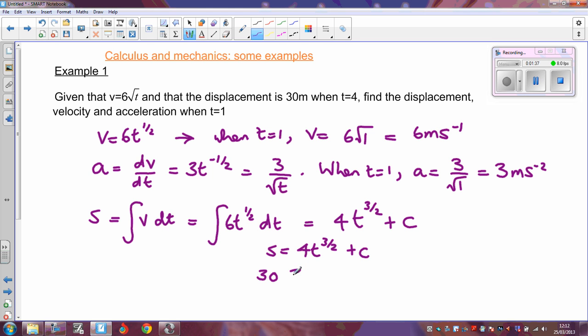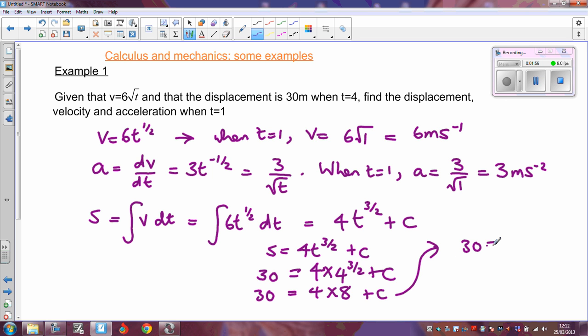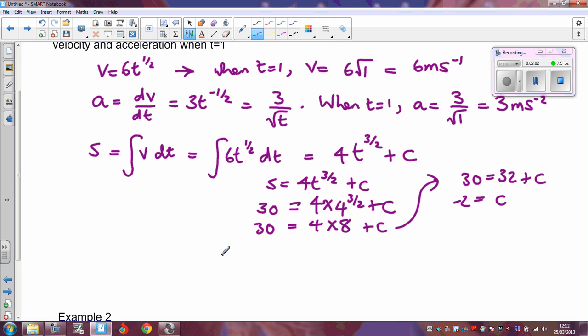Displacement is 30 when t is 4, so 30 is equal to 4 times 4 to the 3 over 2 plus c. 4 to the 3 over 2 is the square root of 4, 2, cubed, which is 8, so 30 is 32 plus c, so c is going to be minus 2, which means that our expression for s is equal to 4t to the 3 over 2 minus 2.